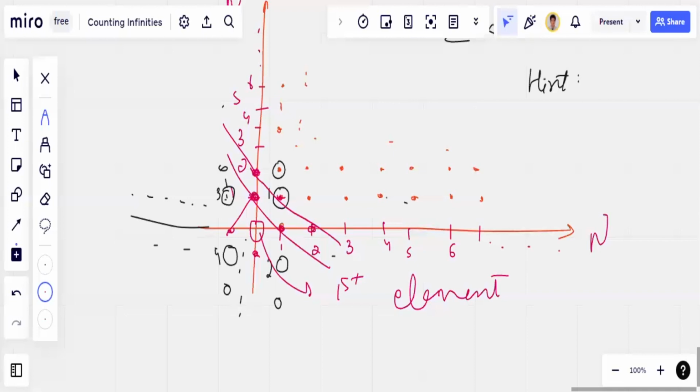To others, if it's not clear, what part is not clear? Okay, do you know what countable sets and uncountable sets are? The person who joined late.